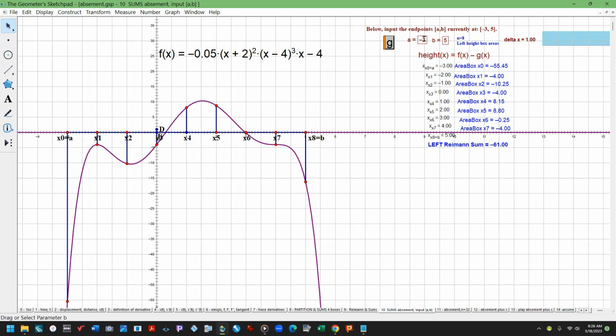I have permitted adjusting the A and B, the interval, the upper and lower limits of integration with a box rather than sliding it. So let's go from 2. Maybe let's go to 6.